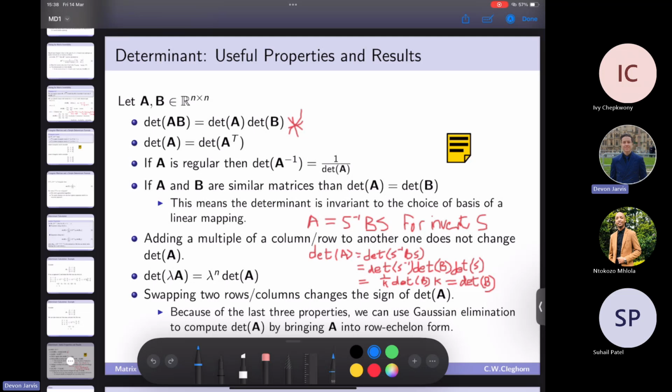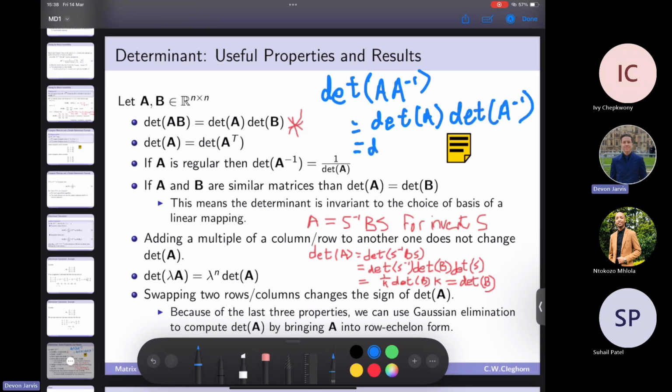This is another really nice one, because if we combine this with the first property, we get the determinant of A times the determinant of A inverse, which is equal to the determinant of A divided by the determinant of A, which is equal to 1. In other words, if I apply a mapping and then invert it immediately, so I get back to my own space, I haven't expanded or contracted that space at all.